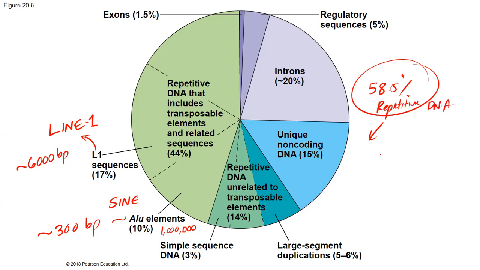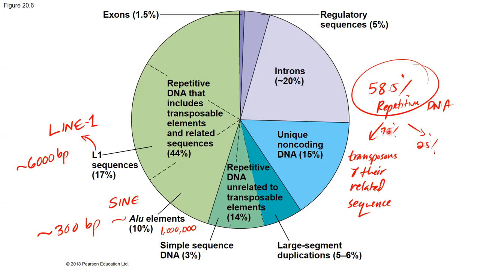Okay, and 75% of these are transposons and their related sequences, and 25% are other repetitive DNA.